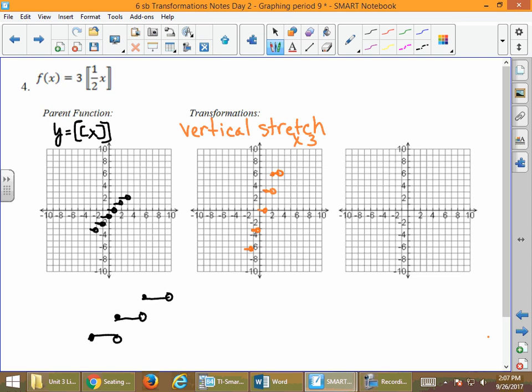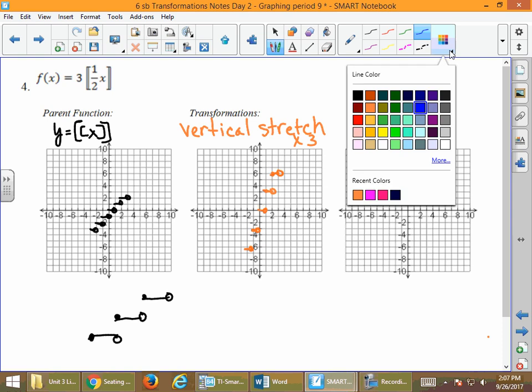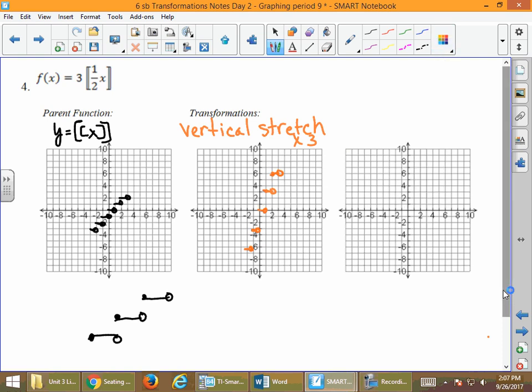And finally over here on the third transformation, you might be able to see it a slight bit better, because our third transformation is going to come from the 1/2 that is inside the function. And inside the function indicates that we're going to have a horizontal change.